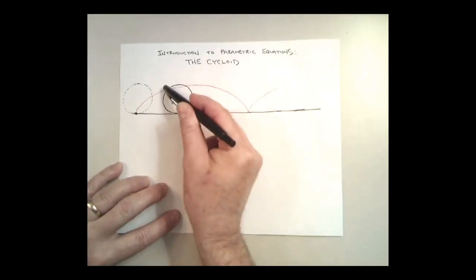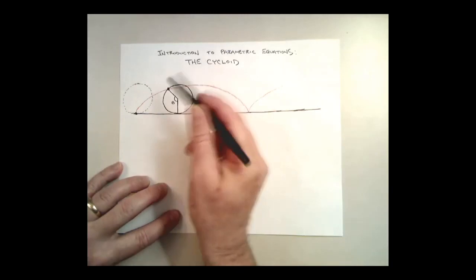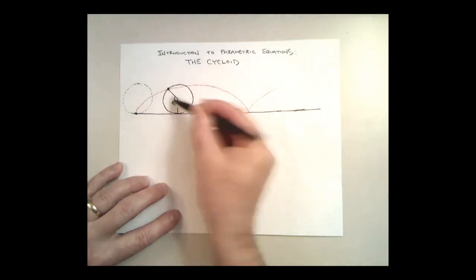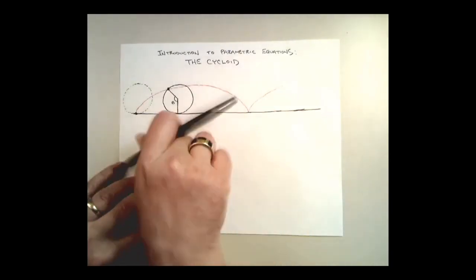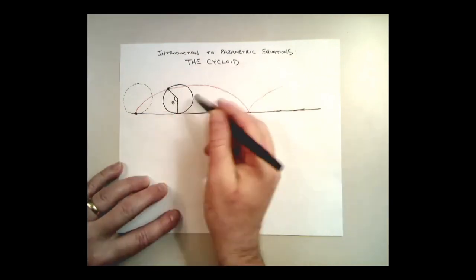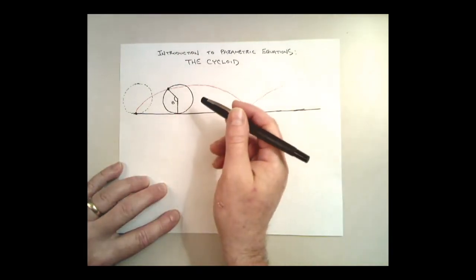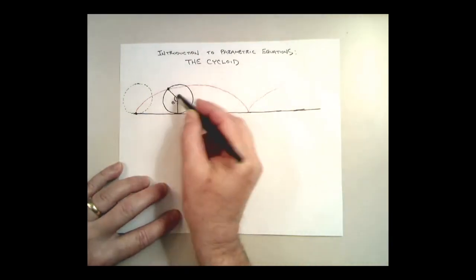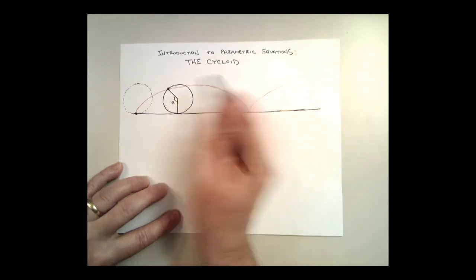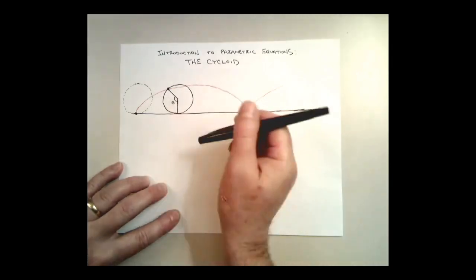Whenever it gets to this point, the circle has revolved by some theta. We're going to use radian measure to describe this angle, so it's going to have gone through an angle of measure theta radians.